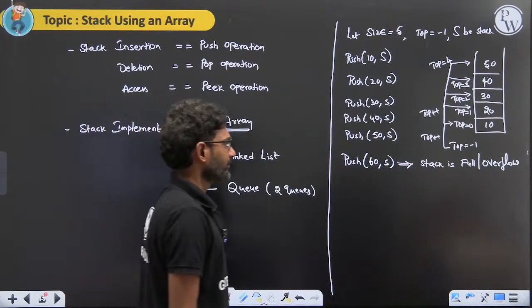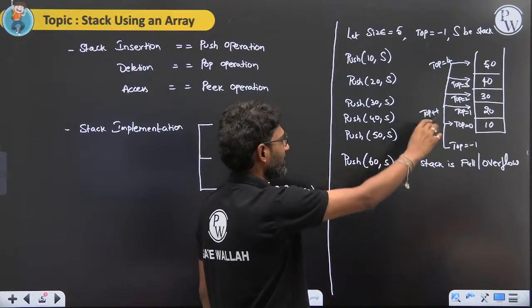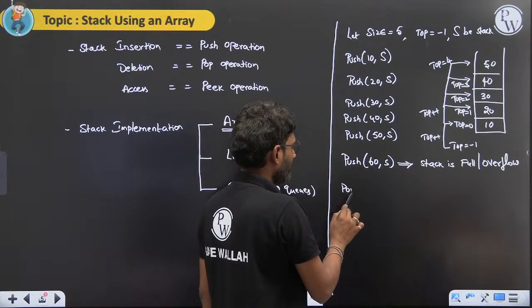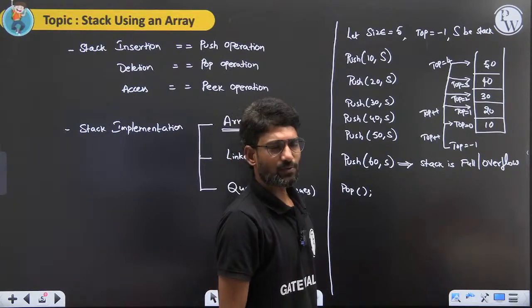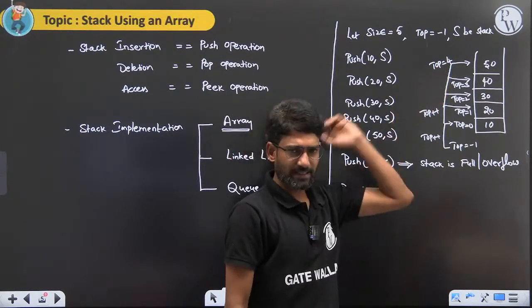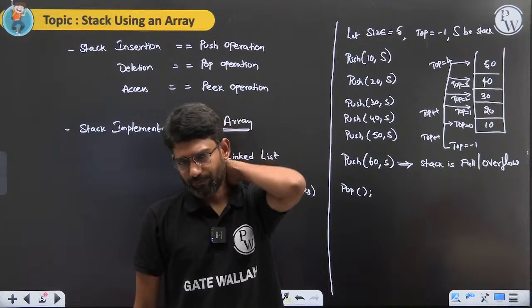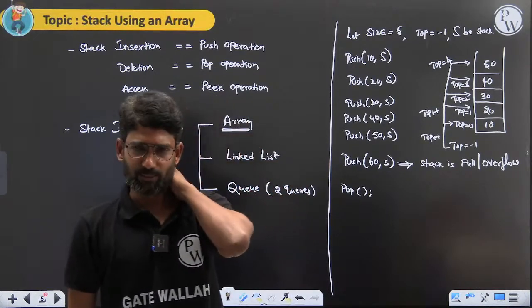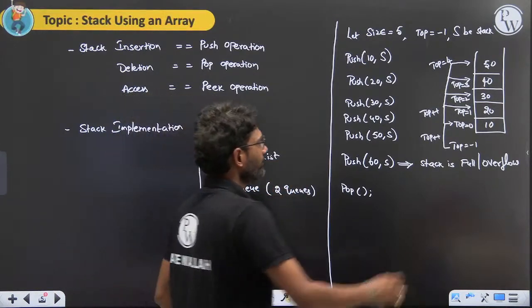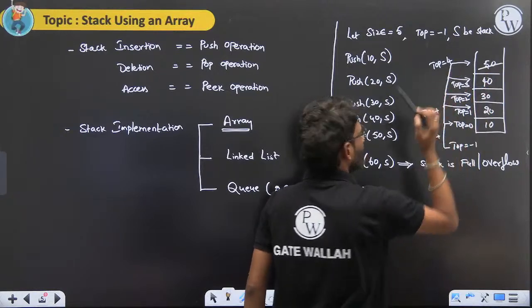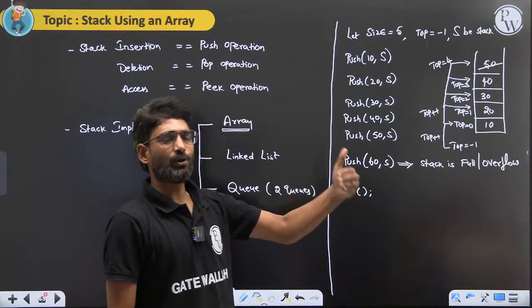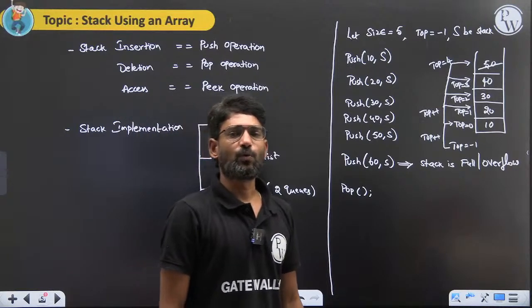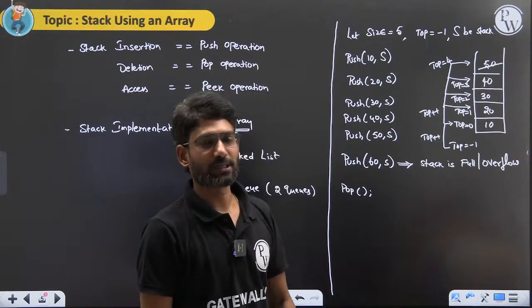Similarly, let's say at this point of time, I pop. Pop means what? What is present at the top of the stack is getting removed. So 50 gets removed. Now if I want to pop a second time, what should be removed? 40.